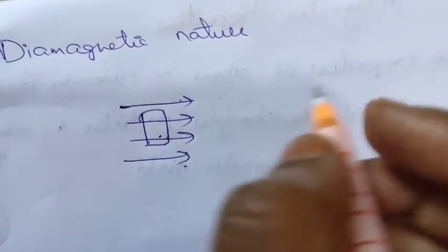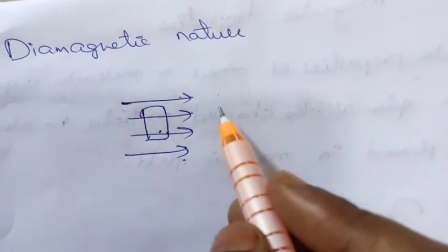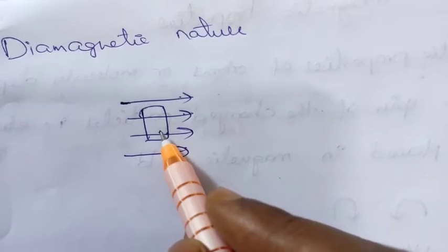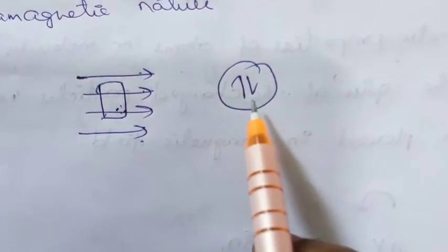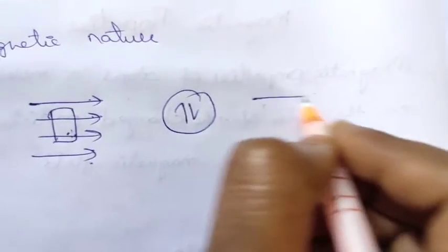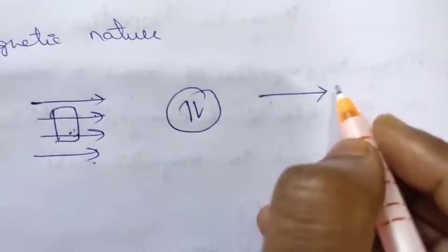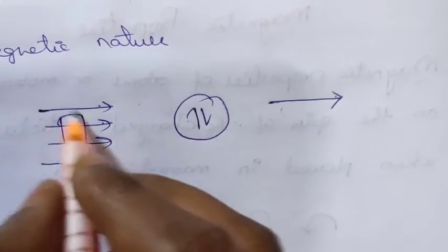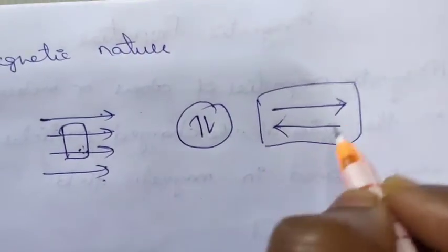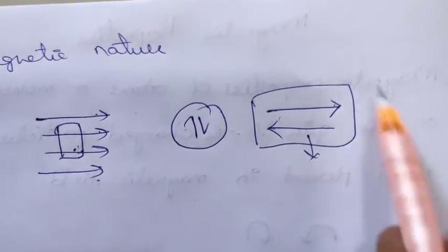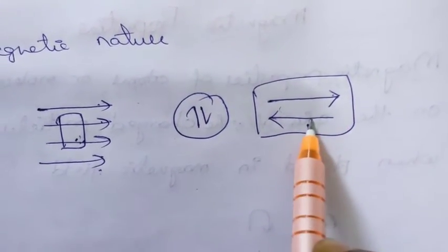As a result, there is a repulsion between the magnetic field and the metal. If the magnetic field is in this direction, then the metal has the direction like this. So here repulsion takes place between the magnetic field and the metal substance.